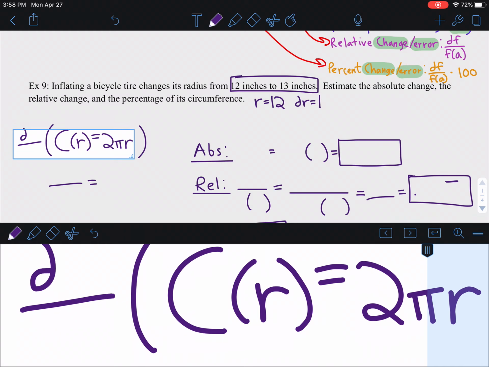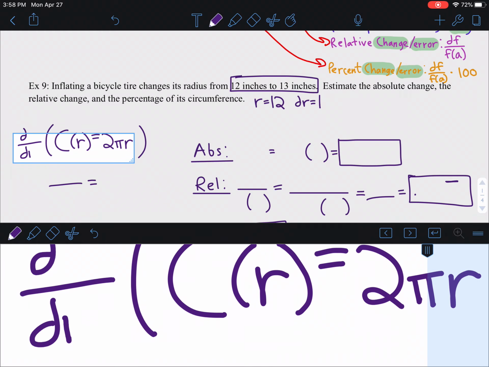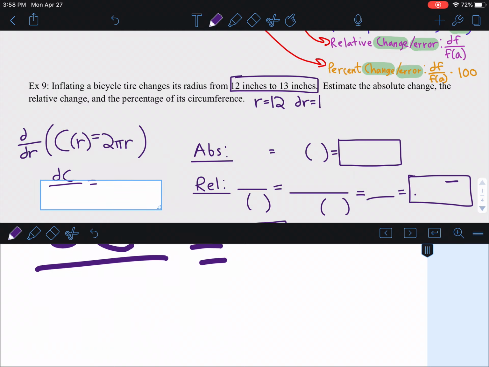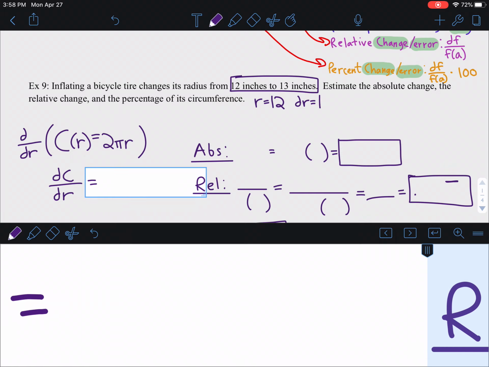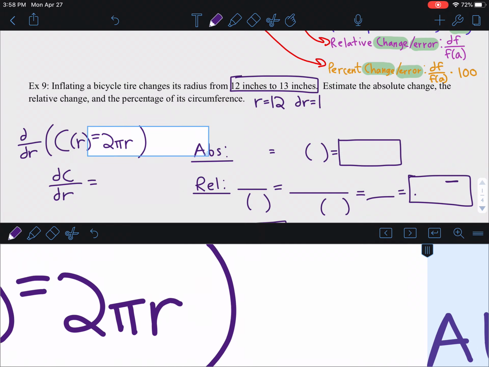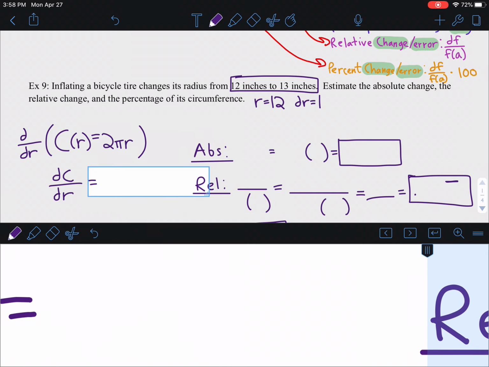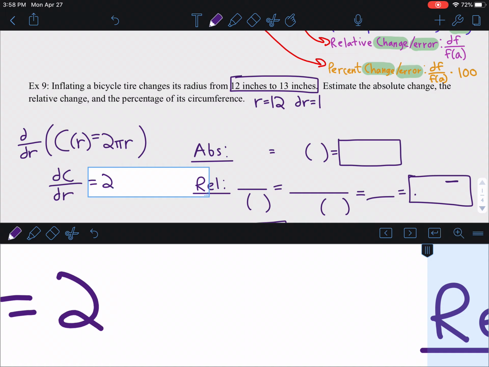Take the derivative with respect to my input, which is r, so d dr, okay? And so I'm going to get on the left-hand side the differential of the circumference over the differential of the radius, dC dr, equals, and on the right-hand side, 2 pi r. R is to the first power there, so when I take the derivative, the 1 comes down, so I just get 2 pi, but r goes to the 0 power, so it goes away.